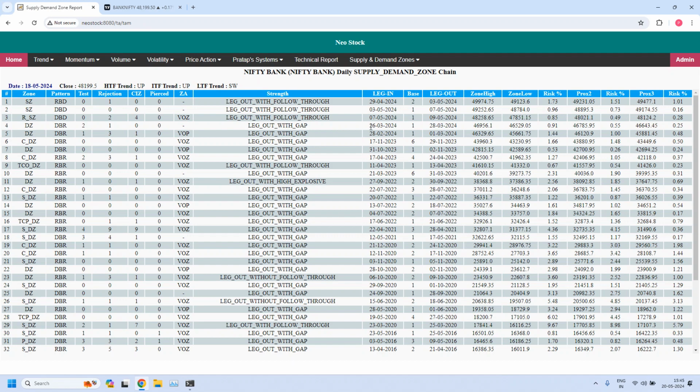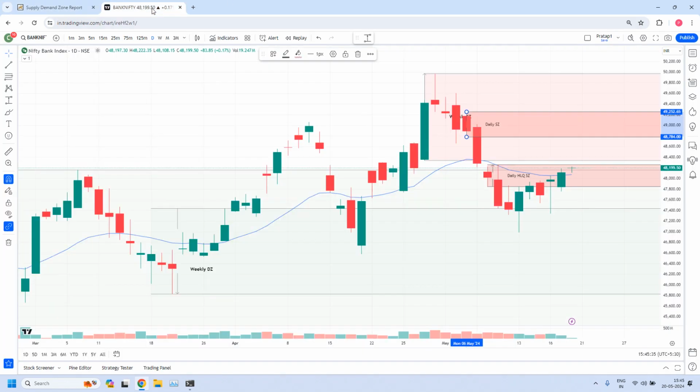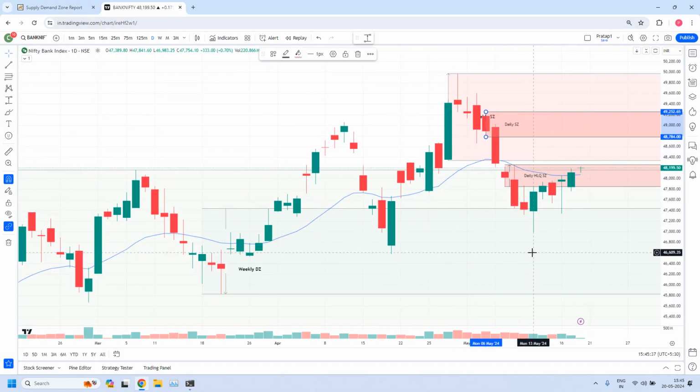This was created on 26th March. After that, one base candle. March, this is a drop candle. Why?